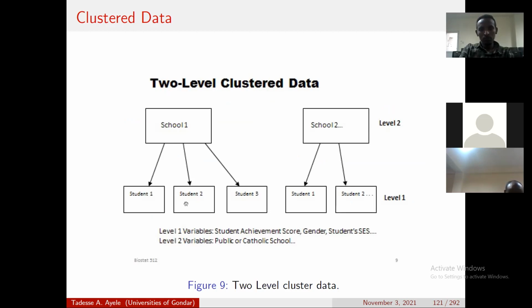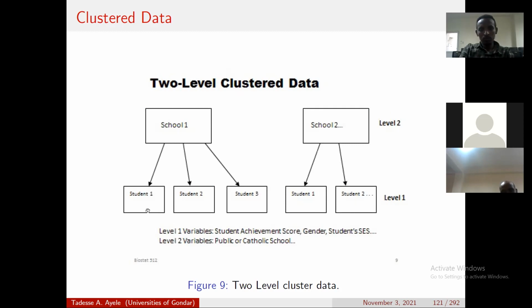I mean, it is their measurements I am calling correlated. The data collected from the students from the same school are assumed to be correlated. School 2 can also have student 1, student 2, student 3. So since these students are coming from this school, we assume the data collected from these students are correlated.